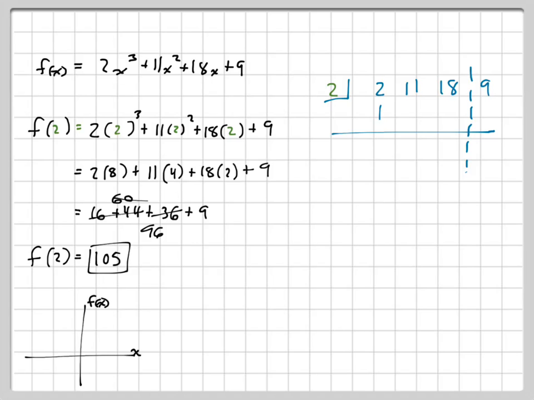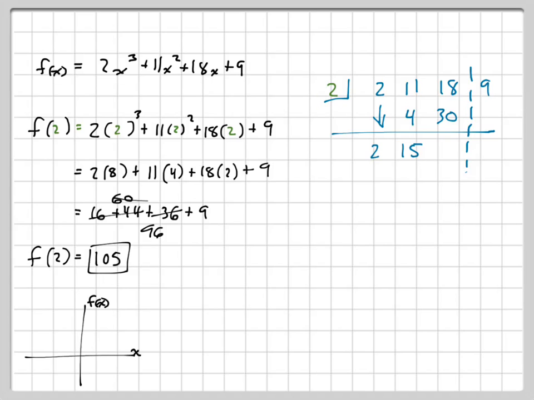Okay, so I bring down the 2. 2 times 2, I go this times this, that'll give me this number right here. What is that number going to be? 4. And then I take the 4 and add it to the 11. 11 plus 4, that'll give me 15. Then 15 times 2, that'll give me 30.